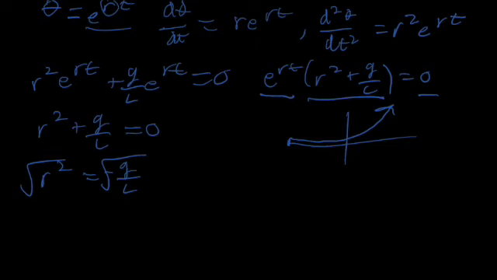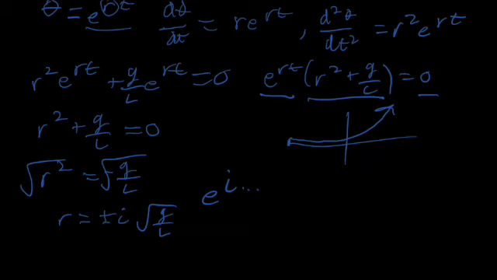So what we get is that r equals plus or minus i times the square root of g over L. The solution to this usually takes the form, in this case, of e to the i something, but e to the i whatever is just the sum of cosine and sine. There's a whole video, again, where I talk about the approximation for sine, and how for small angles sine of theta equals theta.